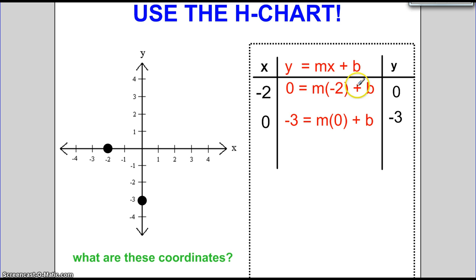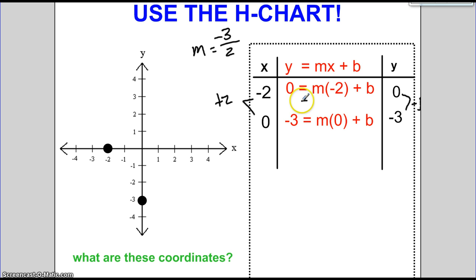Notice how when I have negative 2 as my x and 0 as my y, I can find the slope, which here is a positive 2, and here, a negative 3. So my slope is negative 3 divided by 2. I can plug it into this equation.